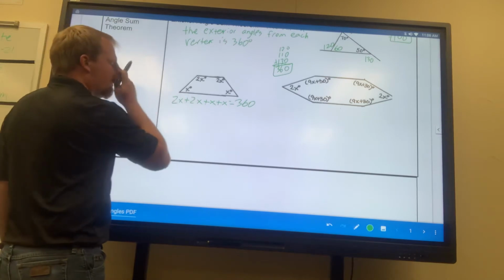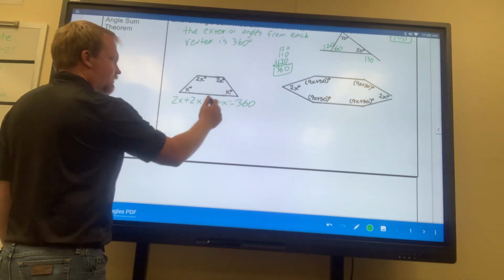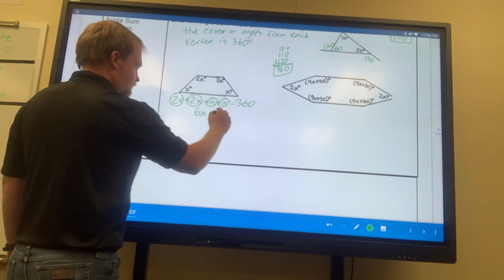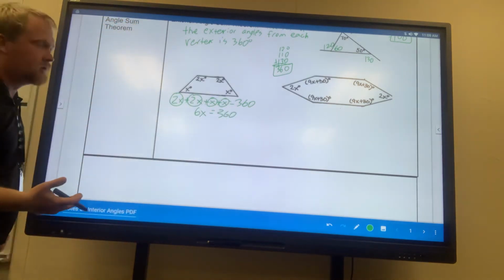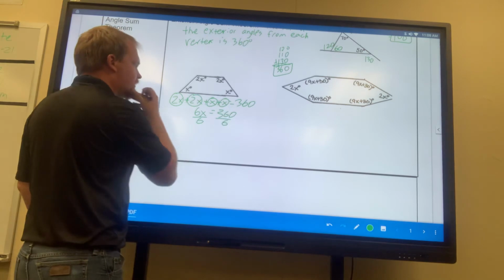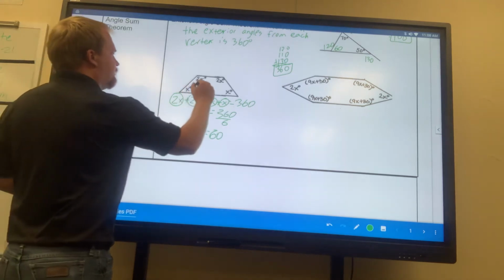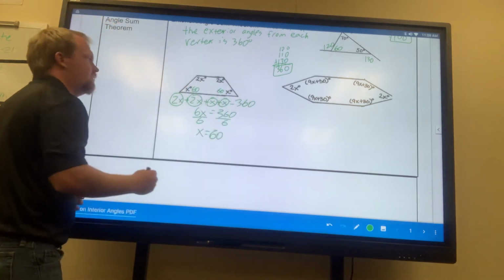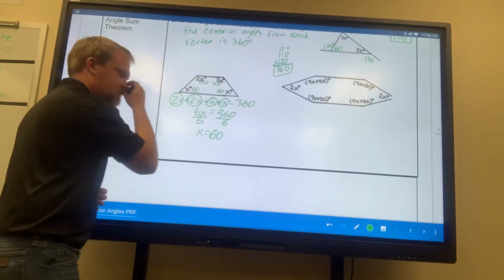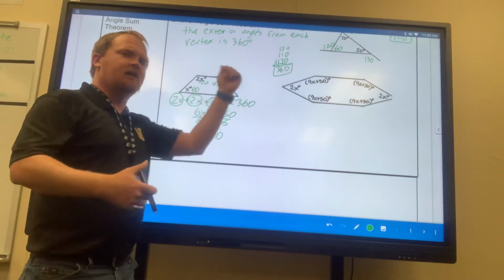Now, 2x plus 2x is 4x, plus an x is 5x, plus another x is 6x. So if I add all these together, that gives me 6x equals 360. Now divide by 6 on both sides, x equals 60. So I know that this x has to be 60, this x has to be 60, and 2 times 60 gives me 120. That's how we're going to be able to find the angle for each one.